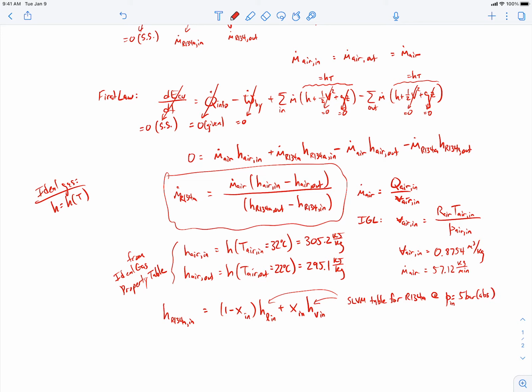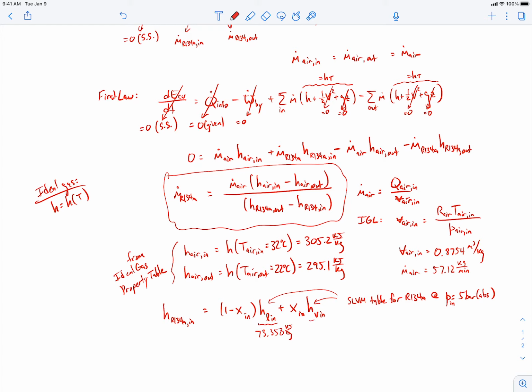Okay, so again, it's a matter of looking this up in the table and doing the calculation. I'm not going to go through all the details of it, but I will give you what the values are. The specific enthalpy of the saturated liquid is 73.358 using the table that I had available.